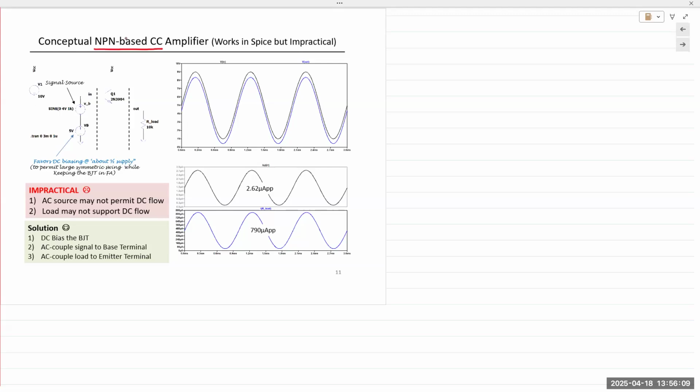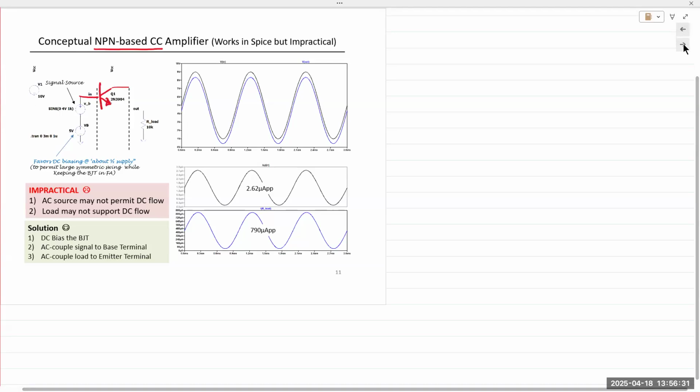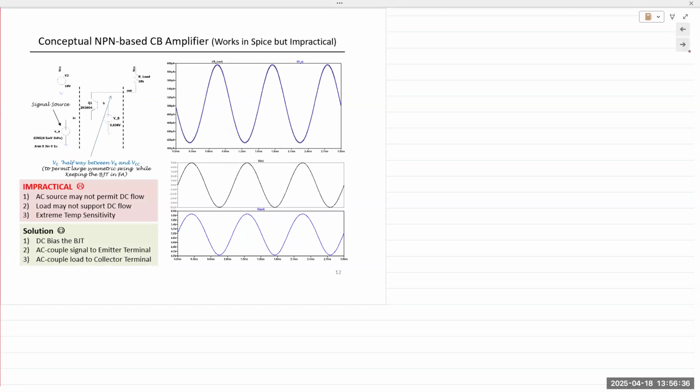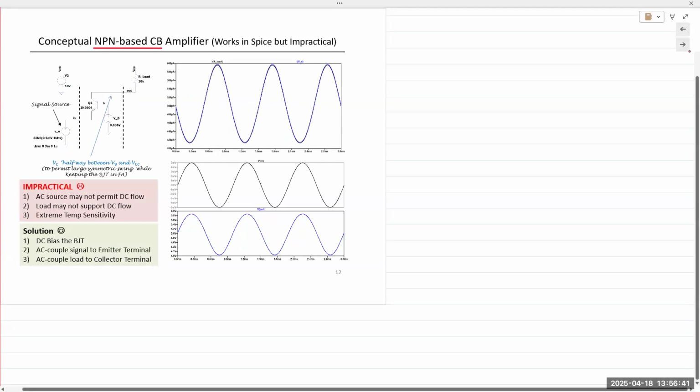Then there's another one, the common base amplifier. Again, in computer simulation it works, but in real life, it's impractical.